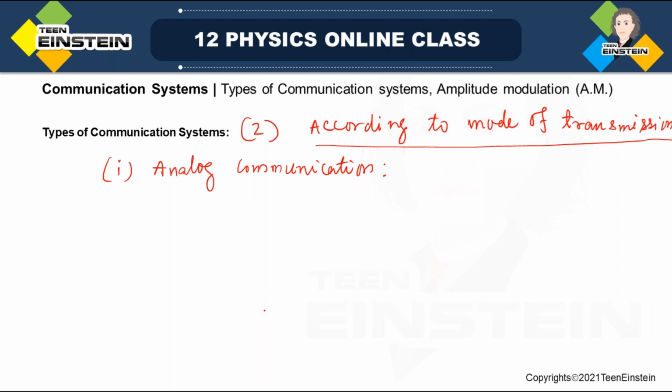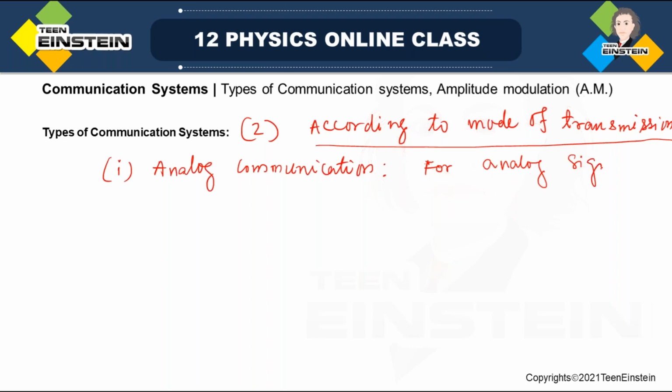So here the signal which modulates the carrier signal for transmission varies continuously. In the sense the signal is analog, you can say that signal is analog. It is used for analog signal.